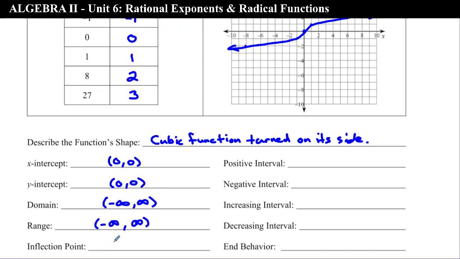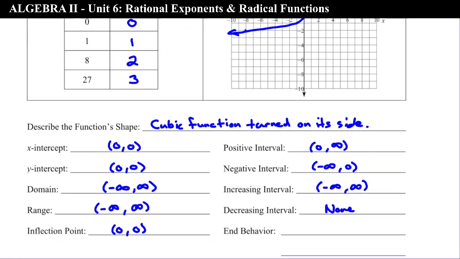And our inflection point is at 0, 0. Then we have a positive interval from 0 to infinity. We have a negative interval from -infinity to 0. We're increasing from -infinity to positive infinity, which means we're decreasing nowhere.